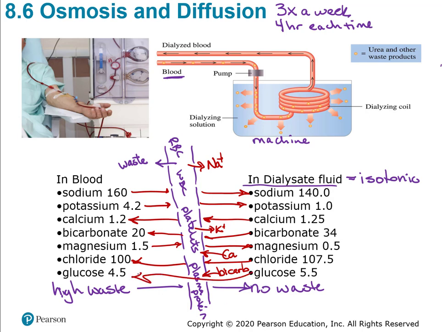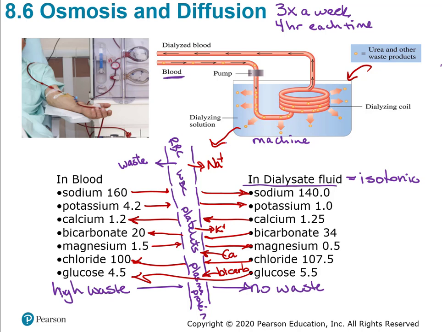So this keeps happening. In fact, as wastes begin to build in this dialysis fluid, you would think that would slow diffusion, right? Because it goes high to low till it's equal. So the way they try to get as much as possible is they're constantly replacing the dialysis fluid. There is fluid coming in, fluid draining off. So that keeps the dialysis fluid isotonic.